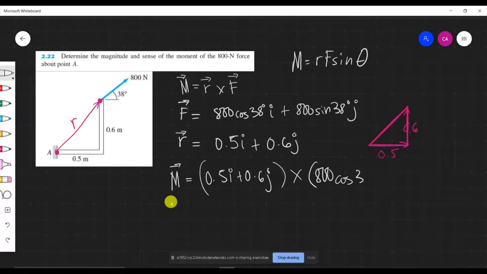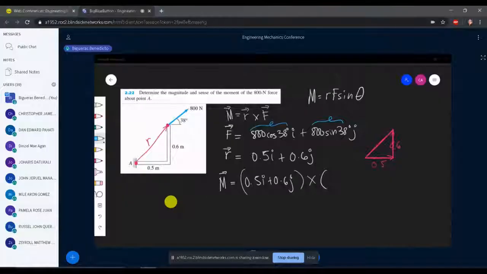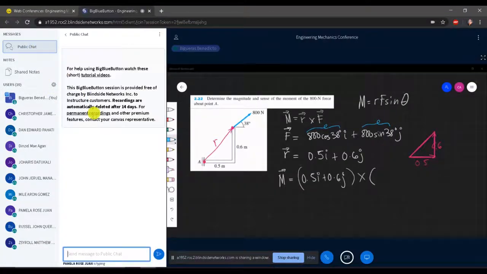Cosine 38 degrees. Anyway, ayokong isulat ng isulat to lagi. Okay? Paki-solve muna ito. Anong value na ito? At the same time, paki-solve na rin to, para di natin sinusulat ng sinusulat palagi. 800 cosine 38 is what?